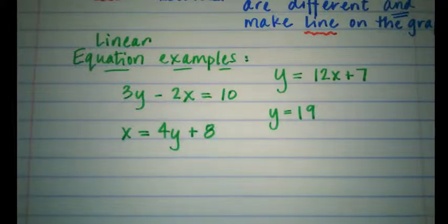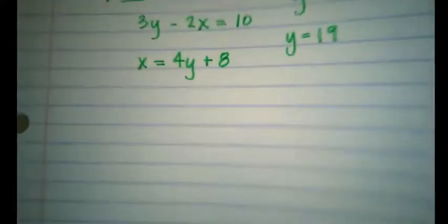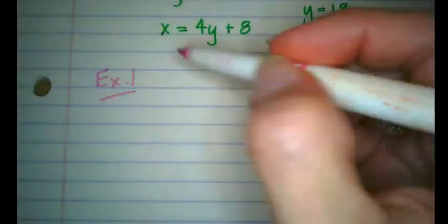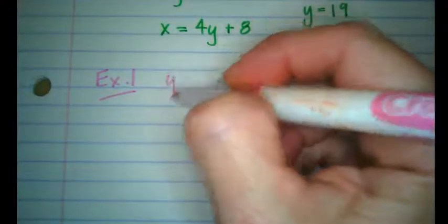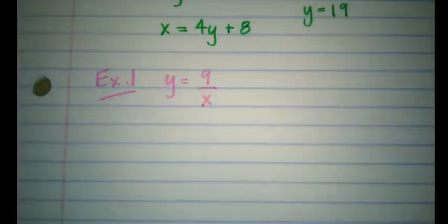All right, so just to run through a few more examples. Example 1 is, let's say that we had y equals 9 over x. If you look back at your foldable, the foldable showed us the things that could not happen.